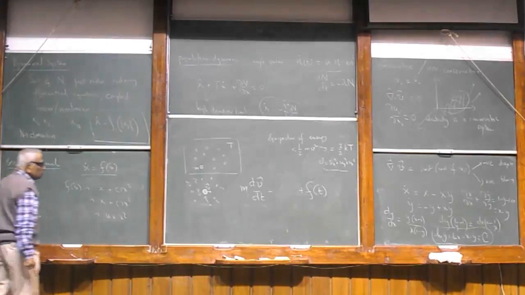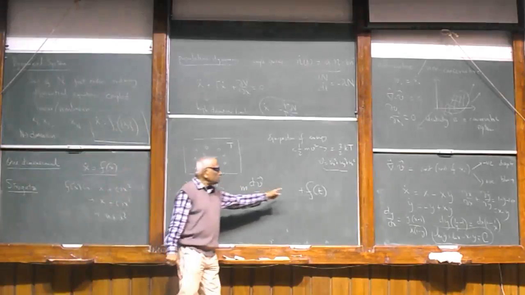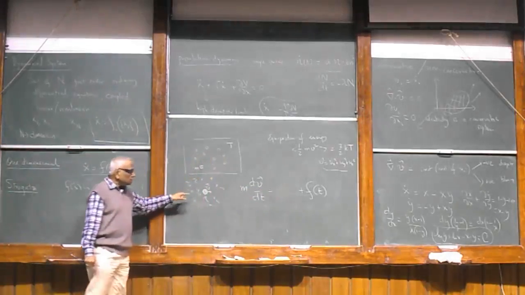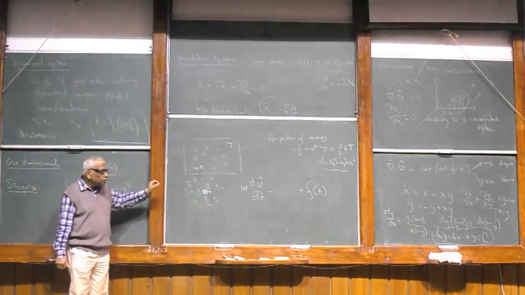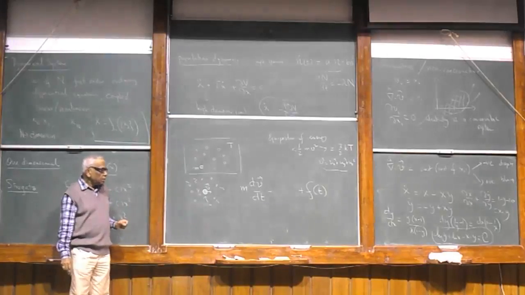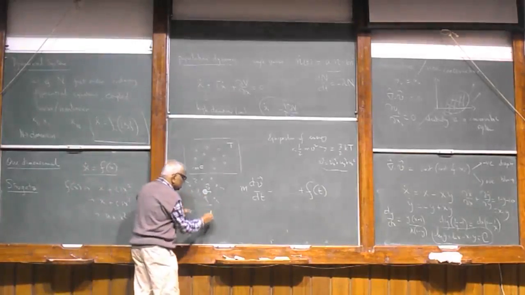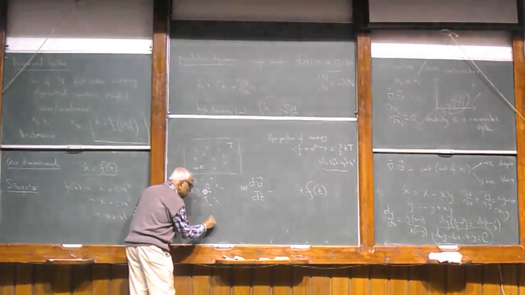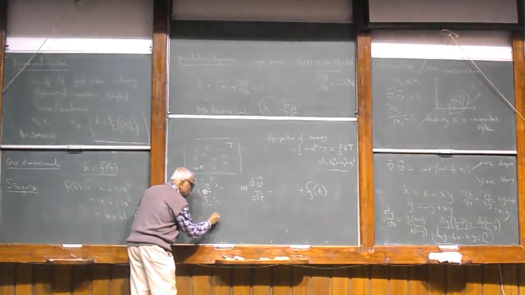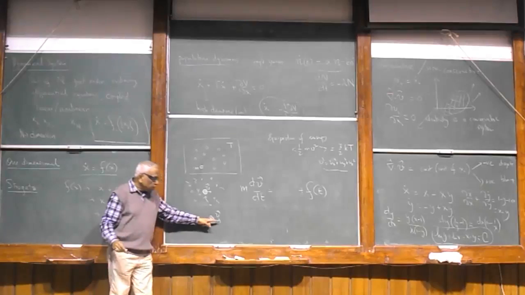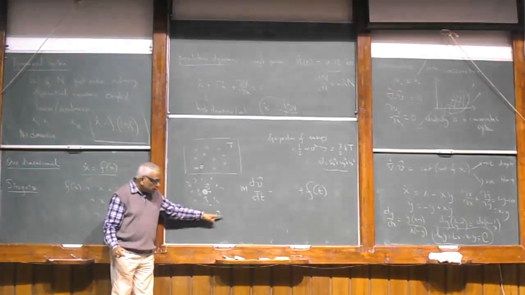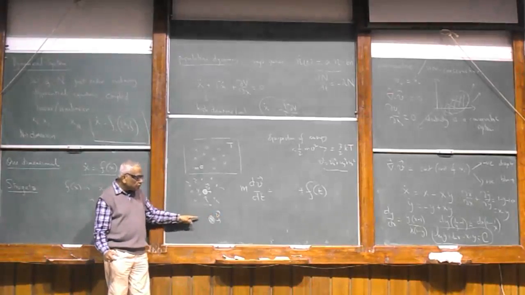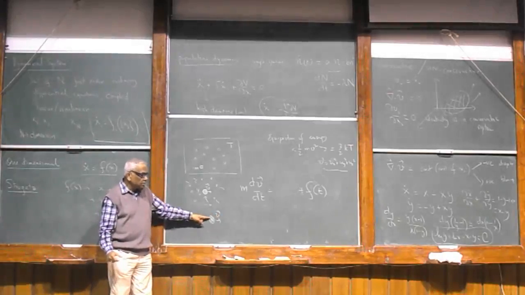Except that apart from this, there is another part of the force which is not so random. Because as this chap tries to drift in this direction, there would be more hits from the front than from the back.